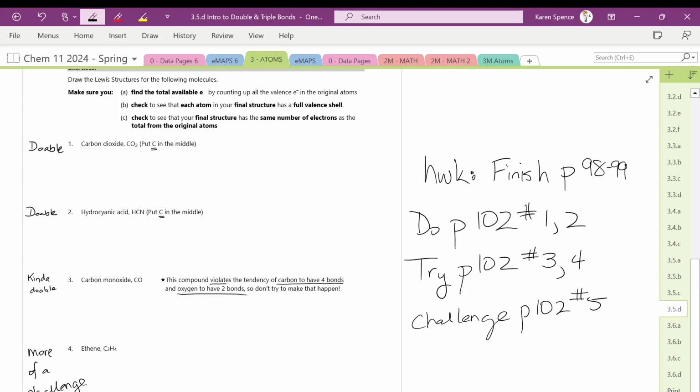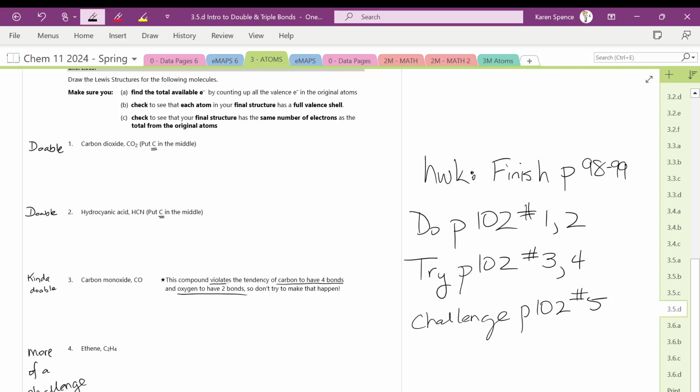So we're gonna have carbon and oxygen, with a lone pair there. And now this oxygen here, we've got 2 electrons, 2 electrons.